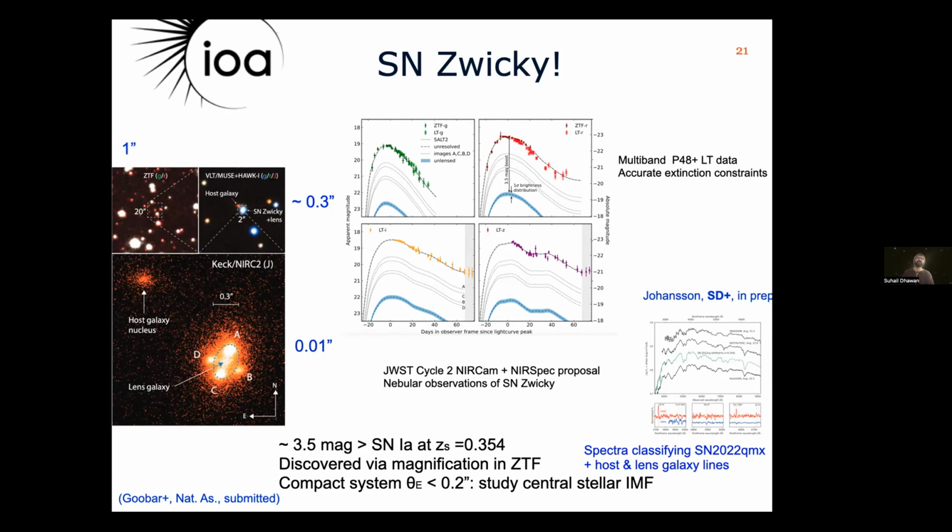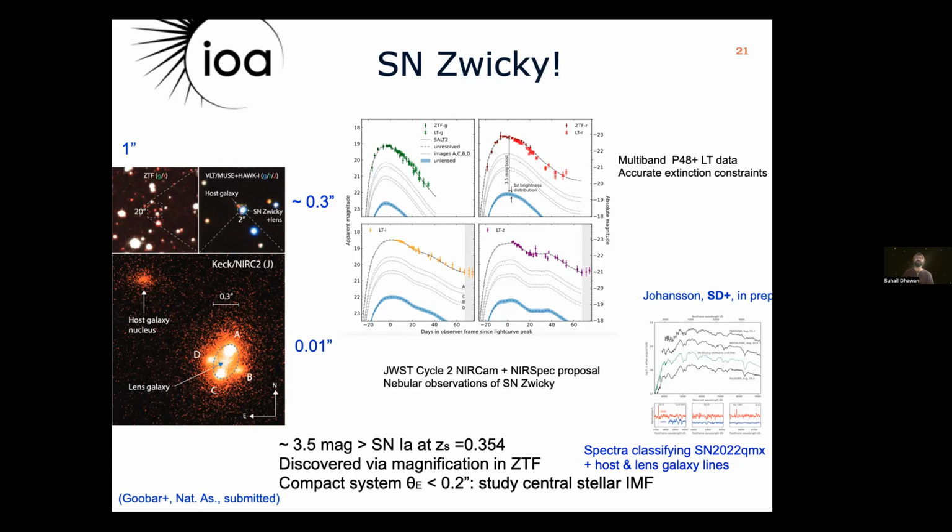Here we can start looking at it at a look-back time of 4 gigayears. So being able to do that is possible because of the capacity of Webb to go as deep as 25th magnitude, which is what we need for supernova Zwicky, but also would not have been possible without the magnification boost that we get from lensing.